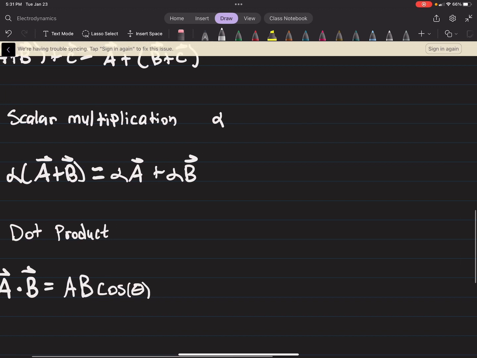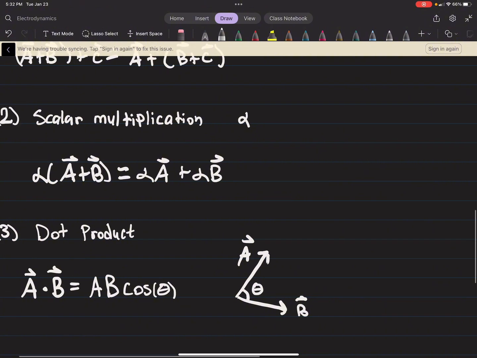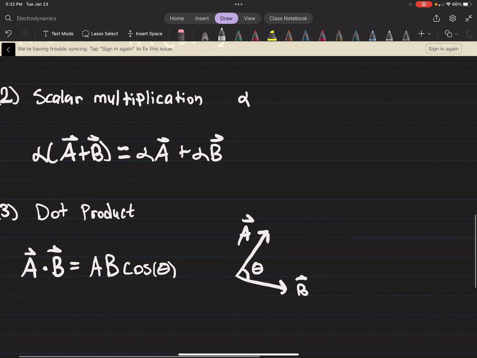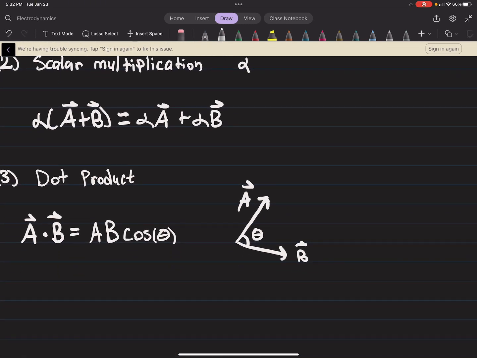So if you can imagine vector A, vector B, this is that angle theta that we're talking about. So that is our dot product. That's one way you can multiply vectors and result in a scalar, because the magnitude of A is a scalar, the magnitude of B is a scalar, and cosine of theta is also a scalar.